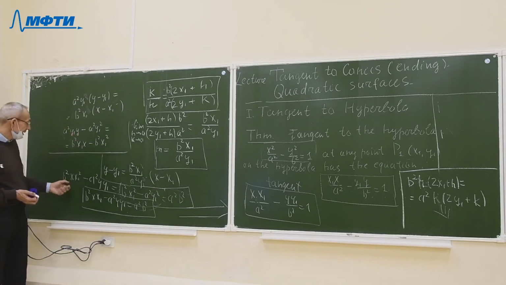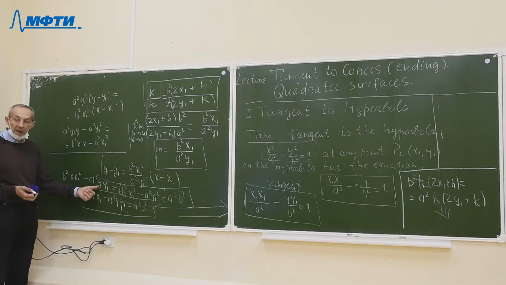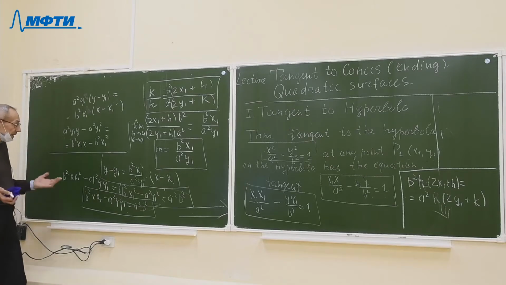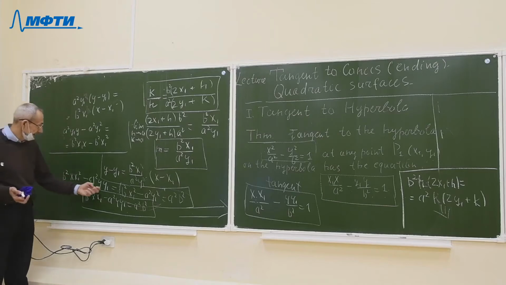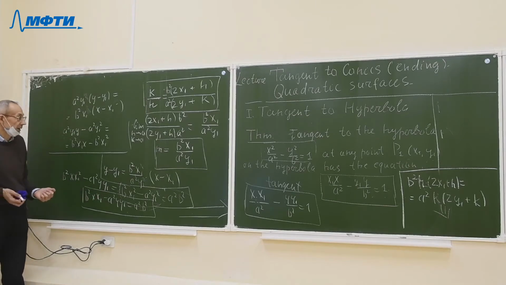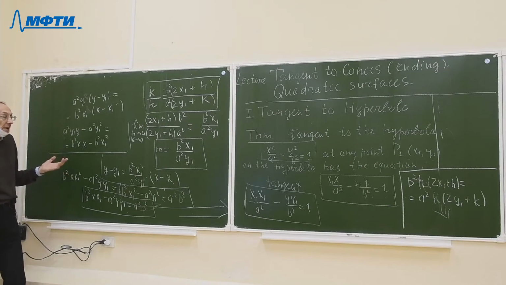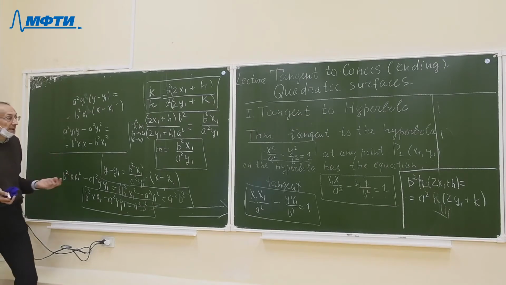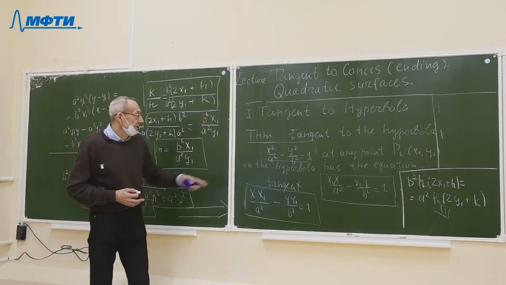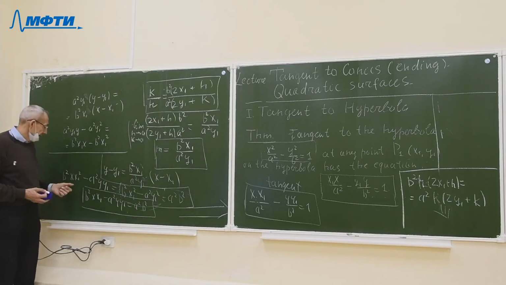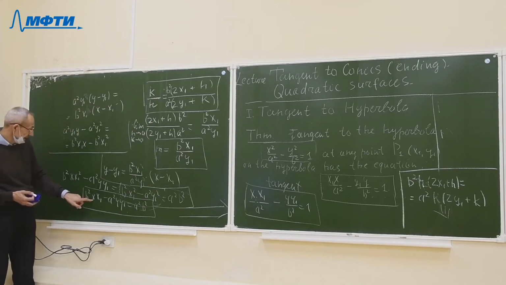And this equation, x and y, does not lie on the straight line. But the form for the straight line is in some sense the same as the equation for the straight line. But this x, oh, I'm sorry.